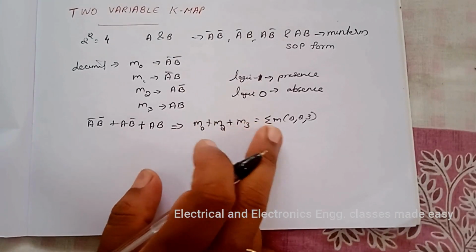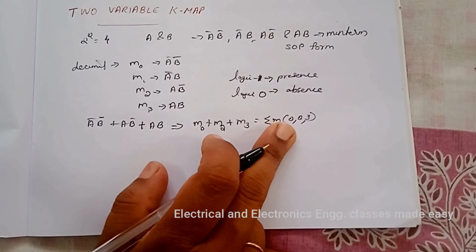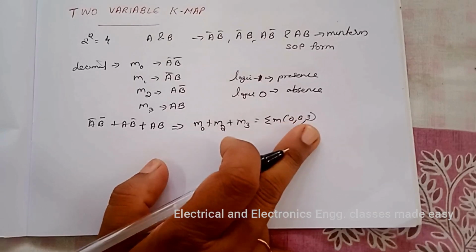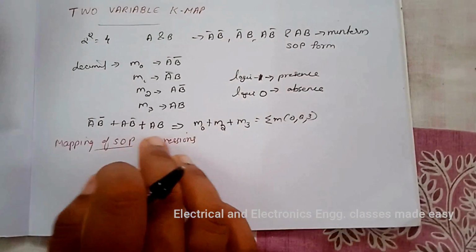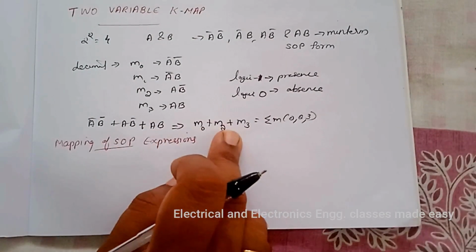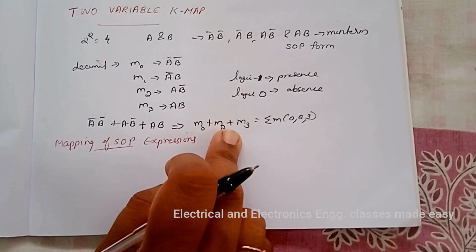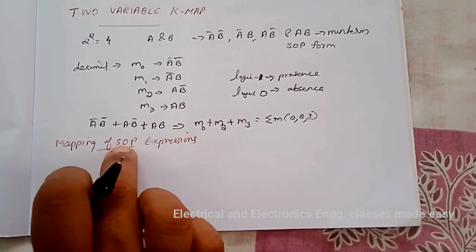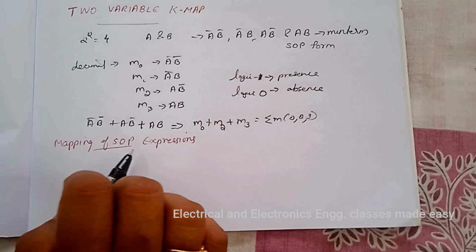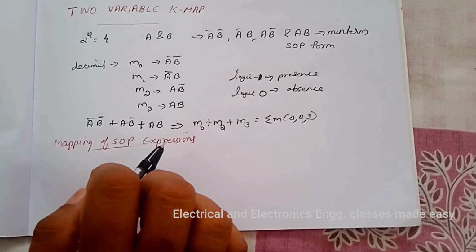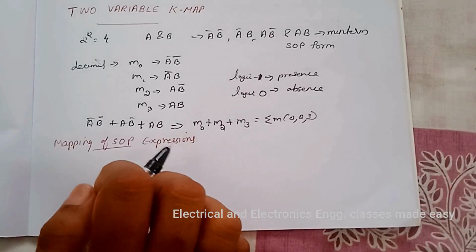And this is read as sum of minterms 0 2 3. And this can be expressed or indicated by a two variable Kmap. So let us study about the mapping of SOP expressions using the two variable Kmap.